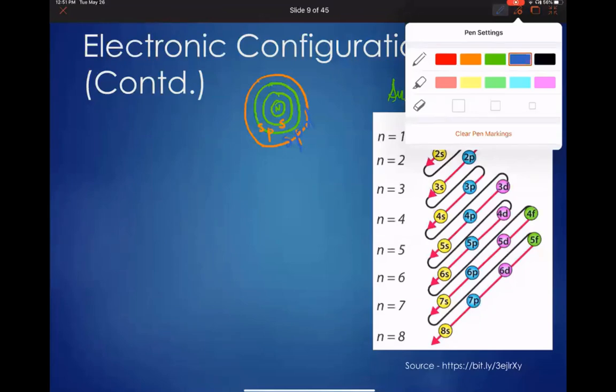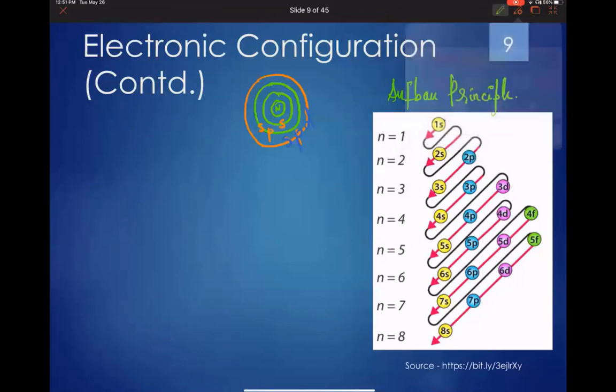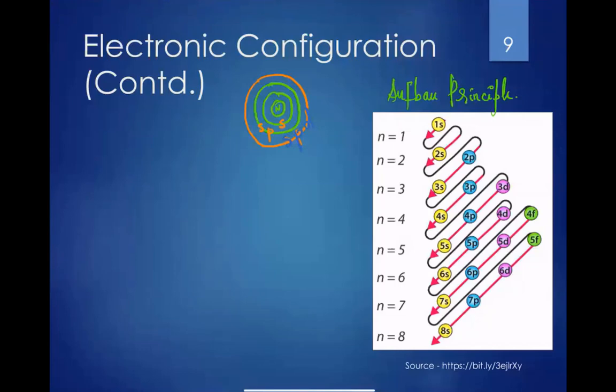So what is the difference here? These are the orbitals or sublevels. An S sublevel can have 2 electrons. Remember, the first level was referred to as K in the previous slide, and it can have up to 2 electrons.